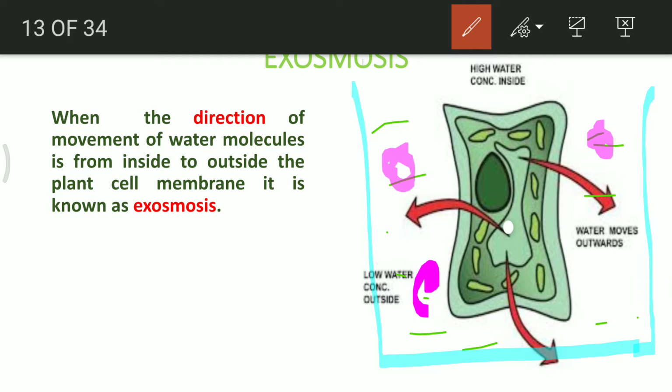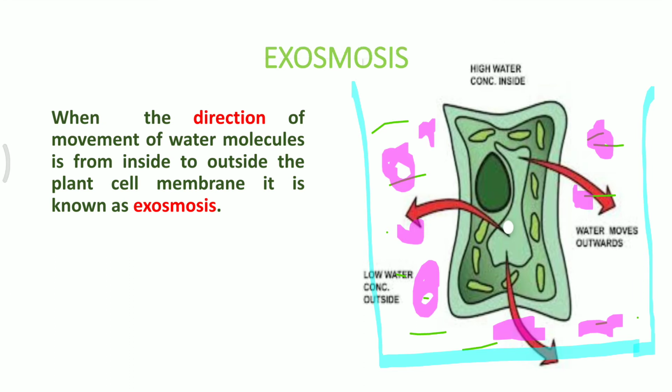Because the solute particles are higher, in order to reach equilibrium, the water from inside the plant cell diffuses out of the cell, and as a result it becomes flaccid or shrinks. So the cell kept in a concentrated solution shrinks due to exoosmosis.